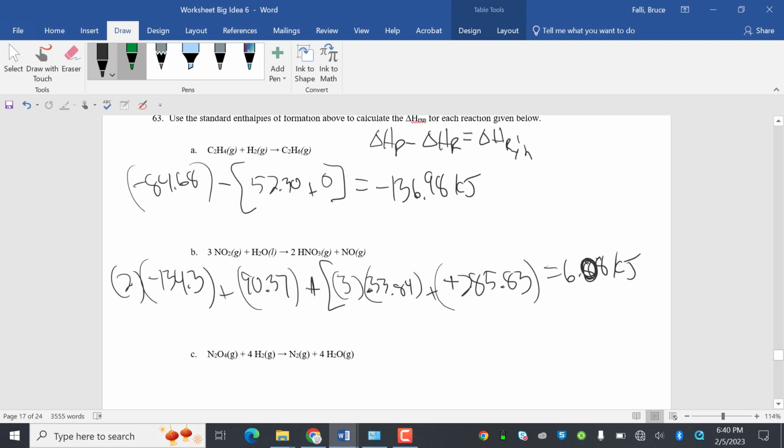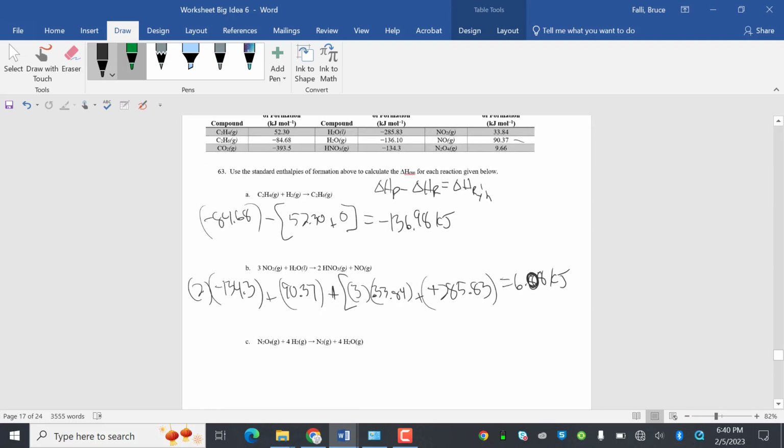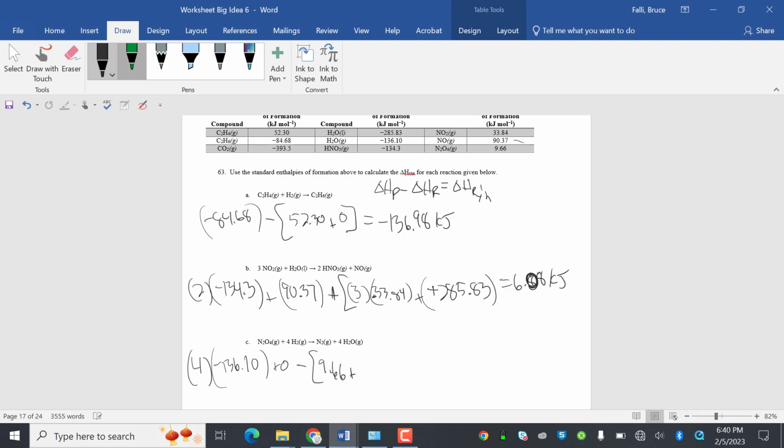All right. So again, products minus reactants. Let's see if I can make this a little smaller so it fits in there. I have 4 times water, which is gaseous water, negative 136.10, other reactants plus 0, minus, distribute it, N2O4 is 9.66, plus 4 times hydrogen gas, which is 0.